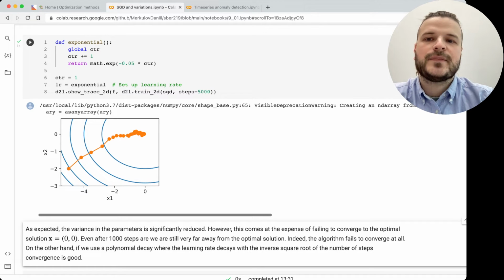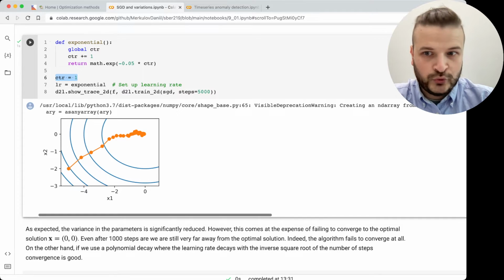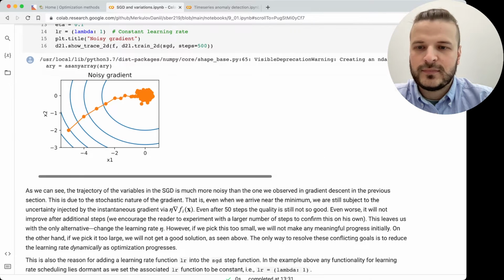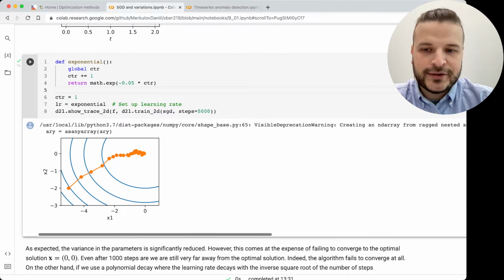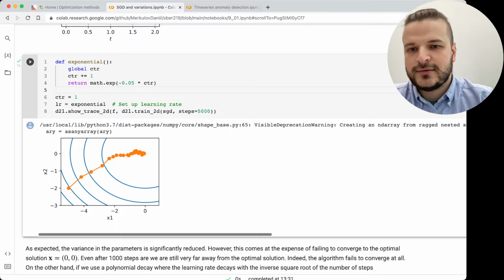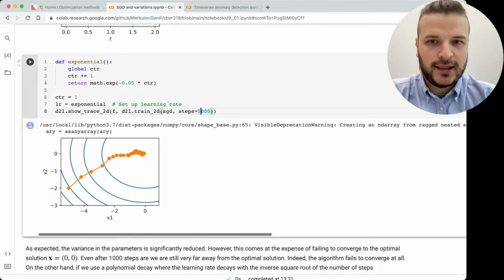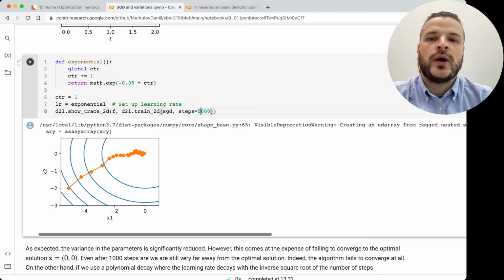We can see that starting from a learning rate of 1, which is a great learning rate compared to, let's say, 1/10, we're decreasing it step by step, and for such a big number of iterations, we don't have any big cloud of points here because the learning rate decreased to almost 0.